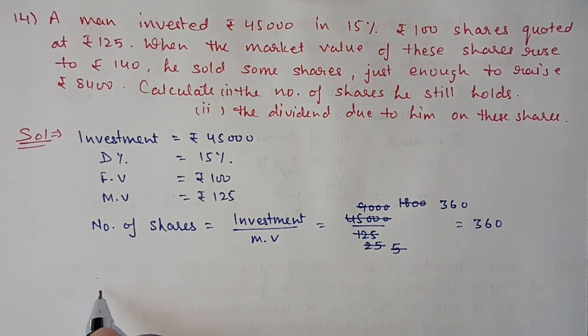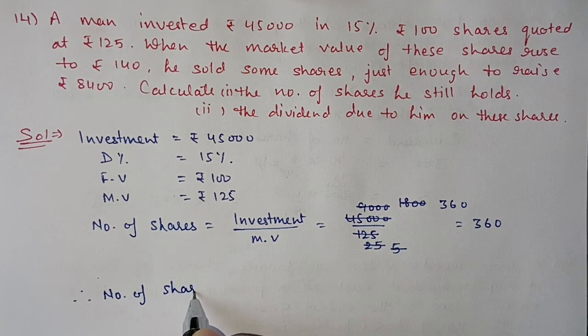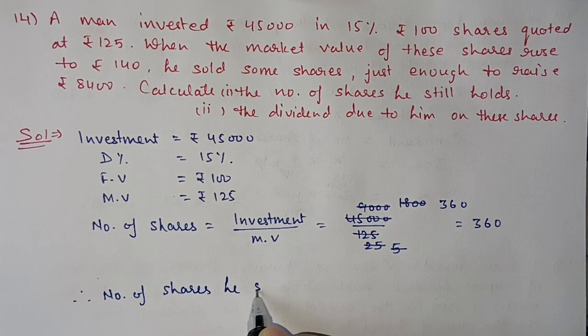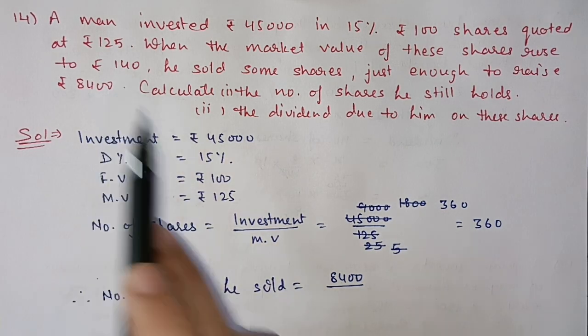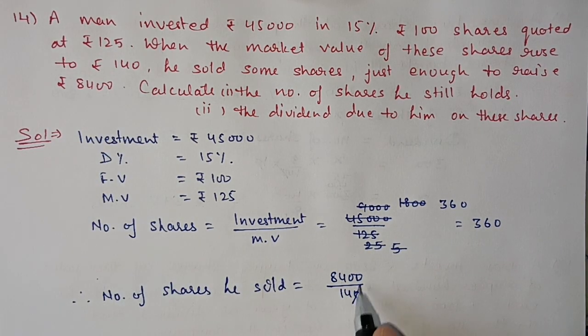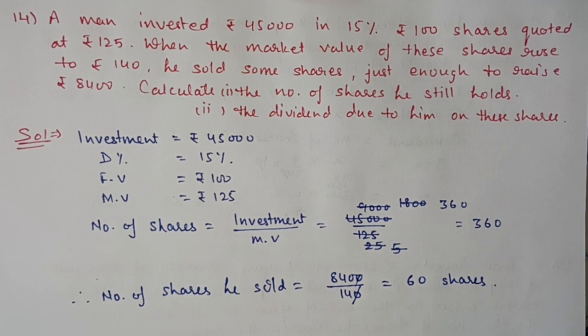So first we will calculate the number of shares he sold. He is getting 8,400 rupees and the market value of one share is 140 rupees. So we are getting here 60 shares. So he sold out 60 shares.